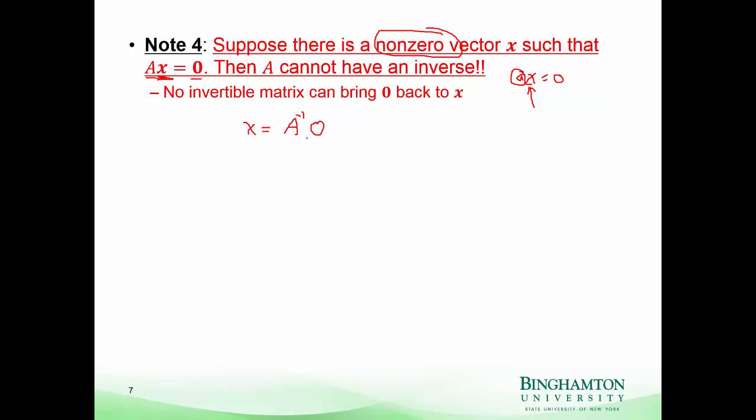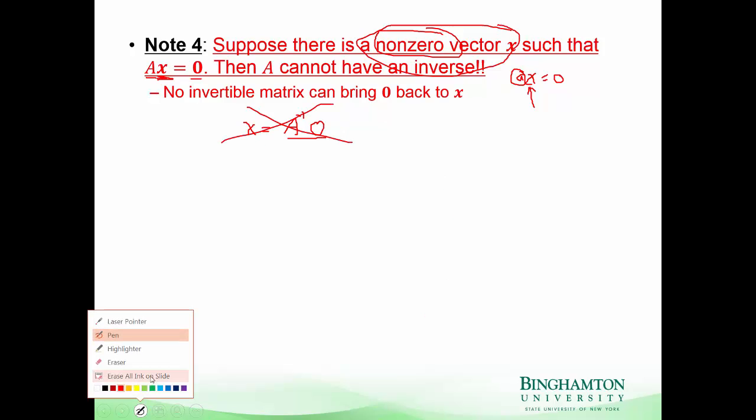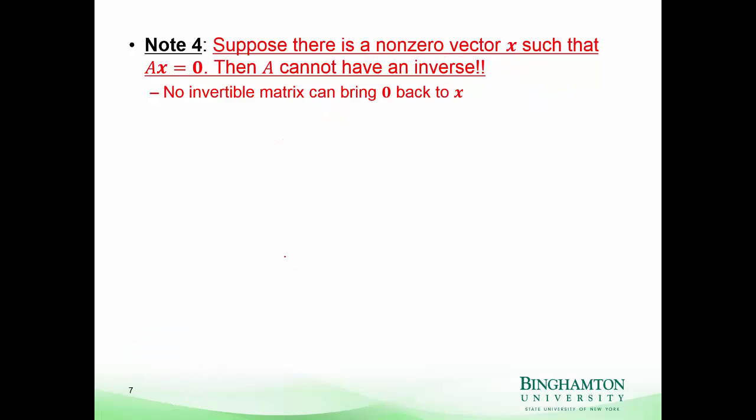But remember, this is forming linear combinations of the columns of A inverse. But the weights on those columns are all 0. So it's saying 0 times a column plus 0 times a column, and so those all have to add up to 0. But we said that x was non-zero. So we can't have this. So lots of interesting stuff here. And that's a big idea.